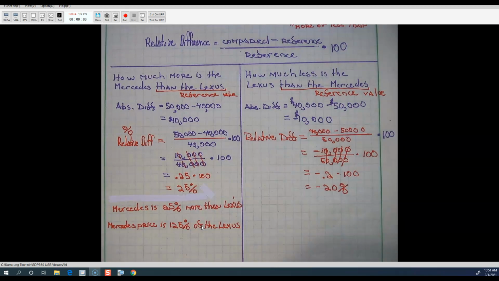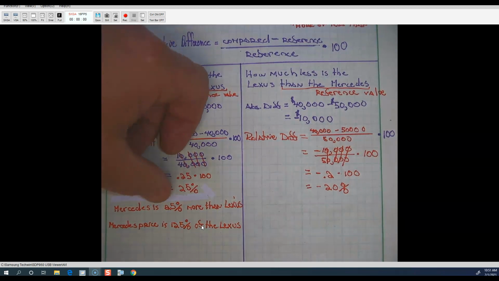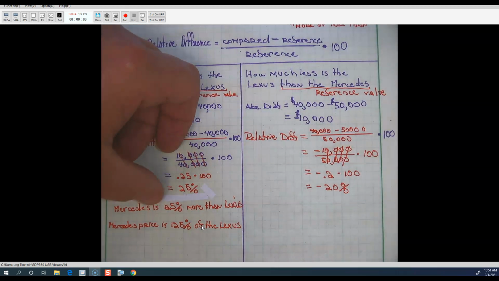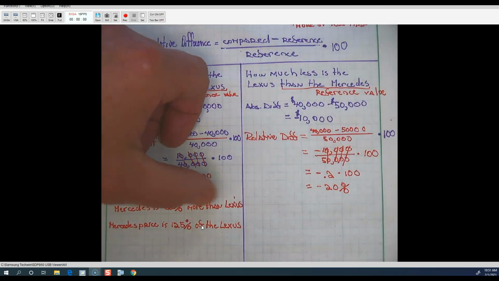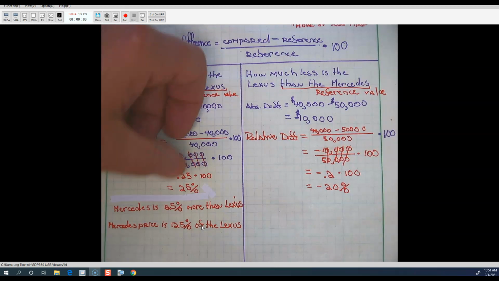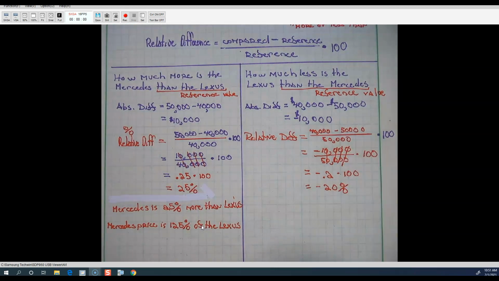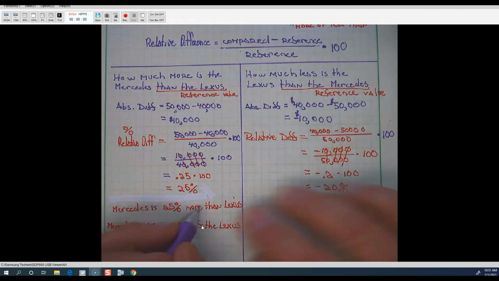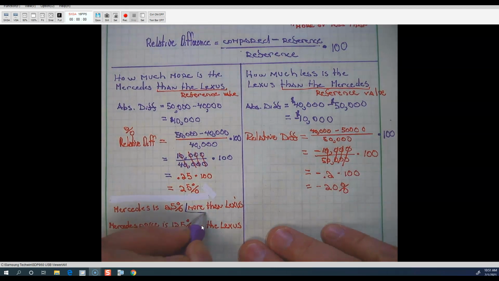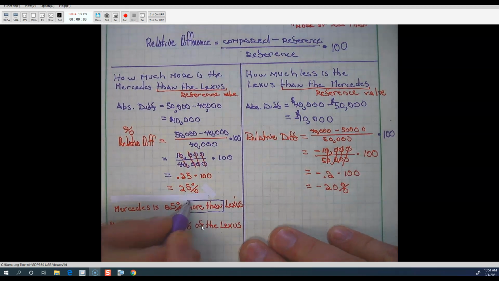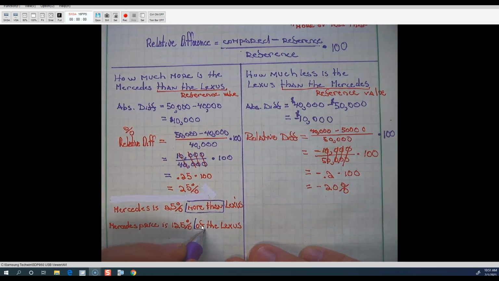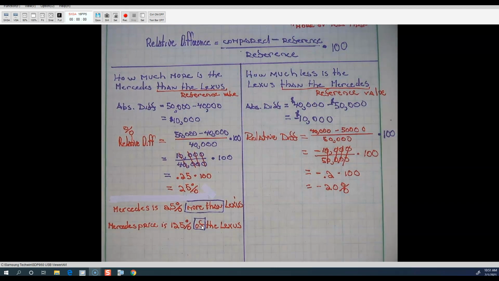So look, these are different statements, but they mean the same thing. The Mercedes price is 25% more than the Lexus. Notice here's the key word, here's the big difference. This one says more than, and this one says of. But they're saying the same thing.